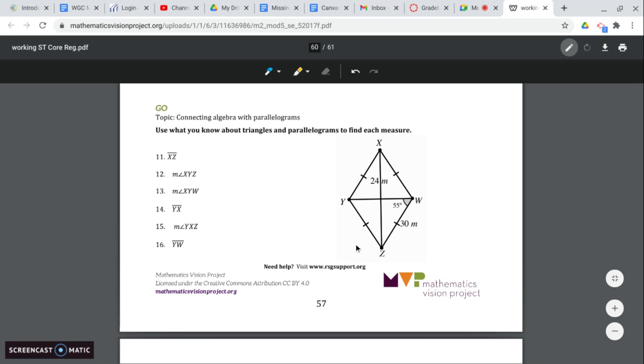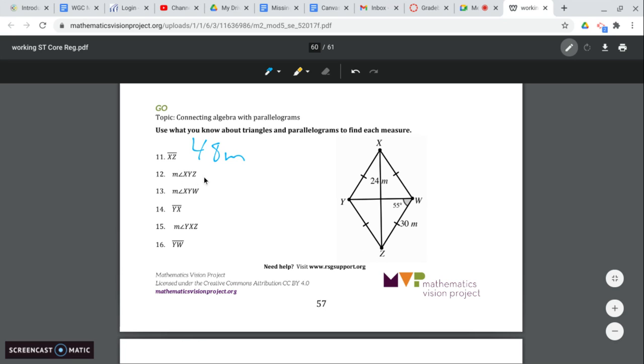We know that these sides are the same, so as a result, those are 30. The 24, sometimes the numbers on these are a little hard to figure out what they're meaning. This X to the center line, YW, is 24. So if we double that, it would be 48 meters.